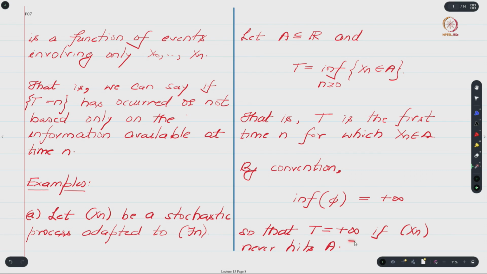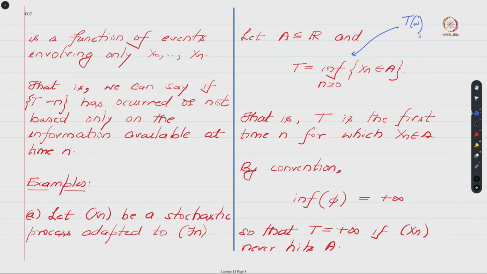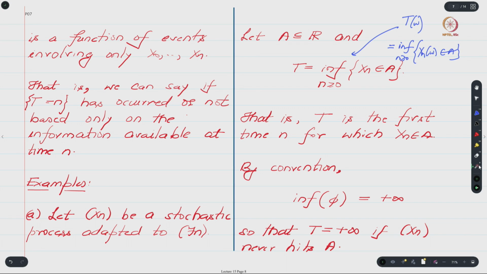I would like to elaborate what this means. We have to interpret this definition on a sample point by sample point basis, which means that T(omega) equals the inf over n greater than or equal to 0 such that X_n(omega) belongs to A. Is that okay?